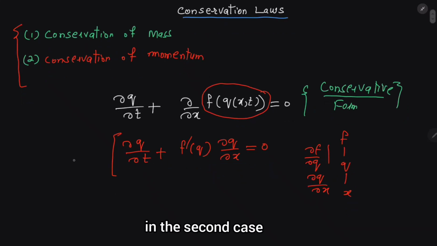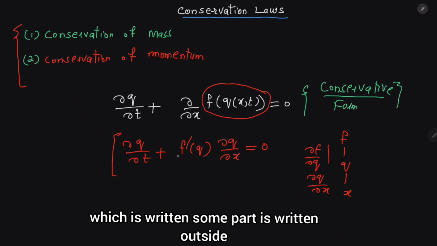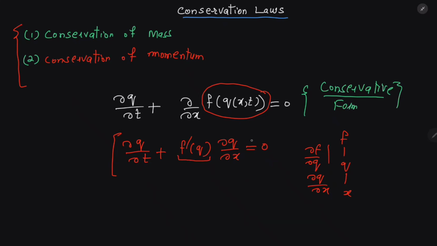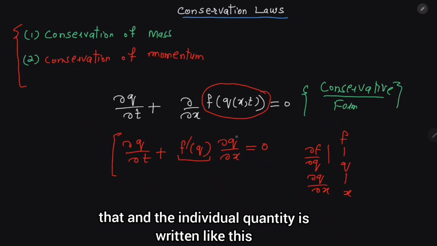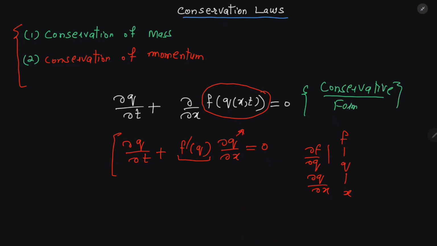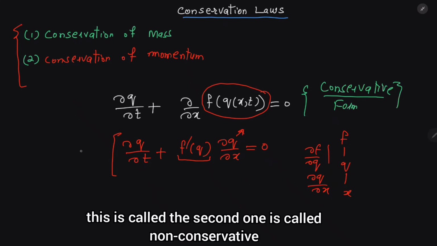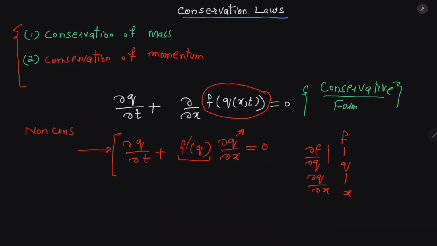In the second case, we have a quantity where some part is written outside, just to remember that, and the individual quantity is written like this. The second one is called the non-conservative form.